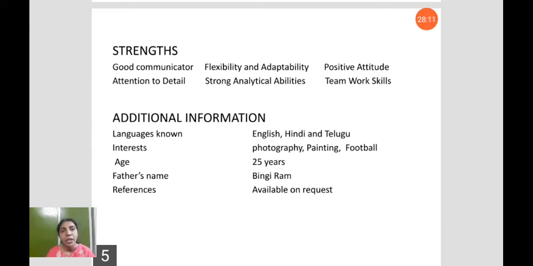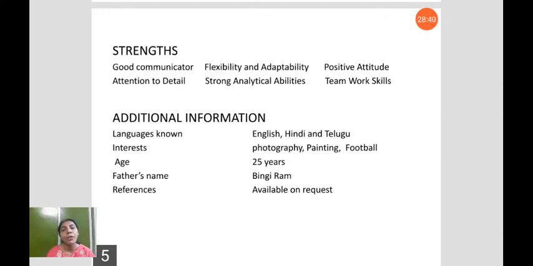Age, okay. Many advertisements say age is a factor, because in many advertisements we find that people below the age of 30 can apply. Some vacancies or positions will be like that.